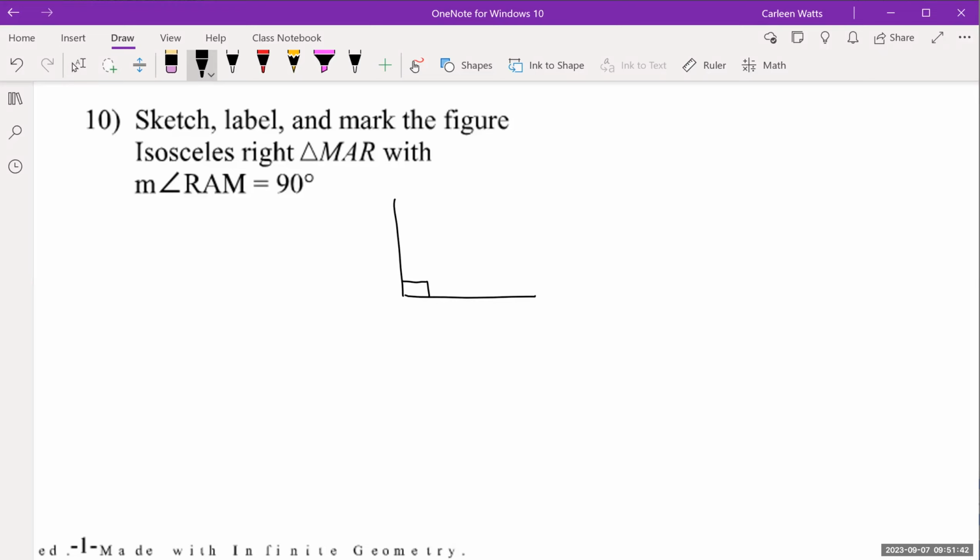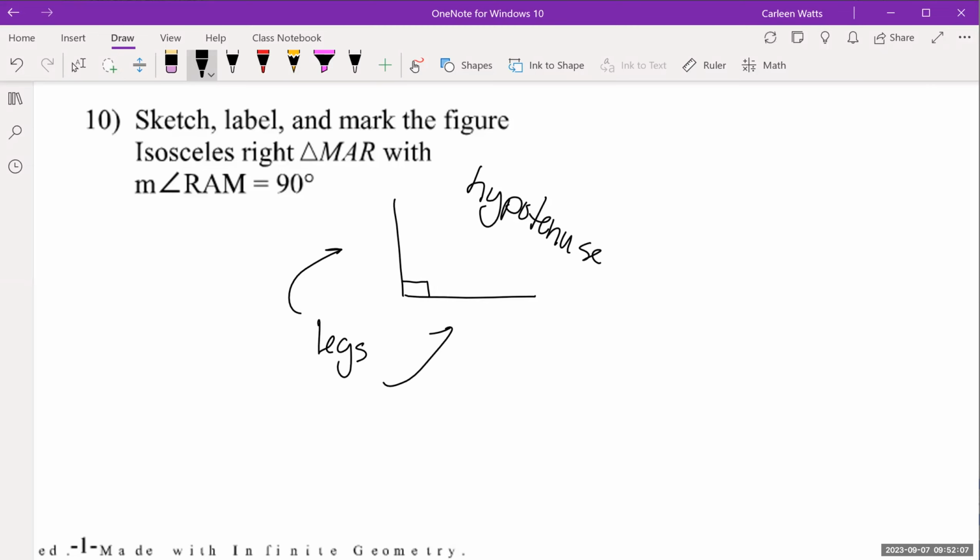Okay, now isosceles. These are the legs. And the one over here is the hypotenuse. The hypotenuse is always the longest. There's no way a leg could be equal to the hypotenuse, right?